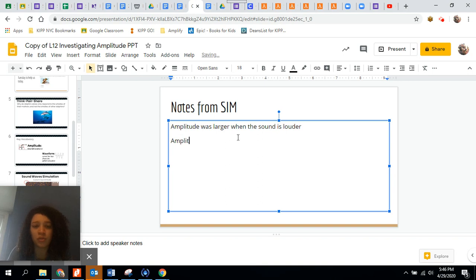The amplitude was smaller when the sound is quieter. And the larger the amplitude, the more the particles moved and transferred energy.